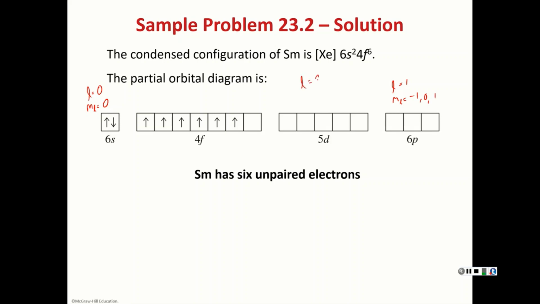D is L equals 2, and m sub L can be -2, -1, 0, 1, and 2, so there are 5 d orbitals. And finally, F is when L is 3, and m sub L can be -3, -2, -1, 0, 1, 2, and 3, so there are 7 f orbitals possible.